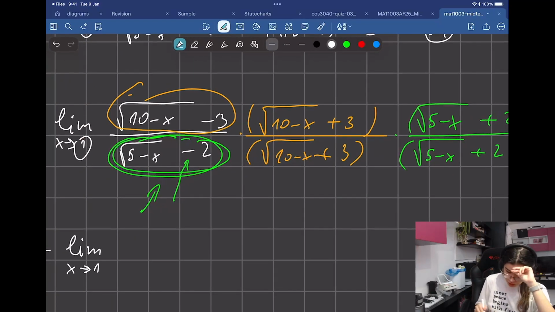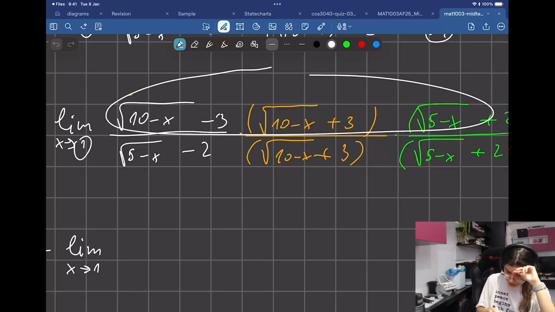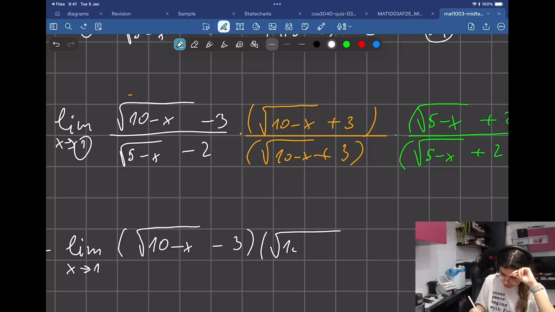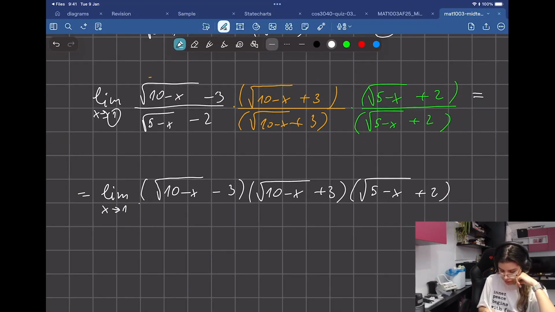All right, so now let me just erase some of my drawings, because otherwise it might be a little messy. So now I'm just going to copy everything that I have in the numerator. It must be multiplied, so I have square root of 10 minus x minus 3 times square root of 10 minus x plus 3 times square root of 5 minus x plus 2. That's my numerator.